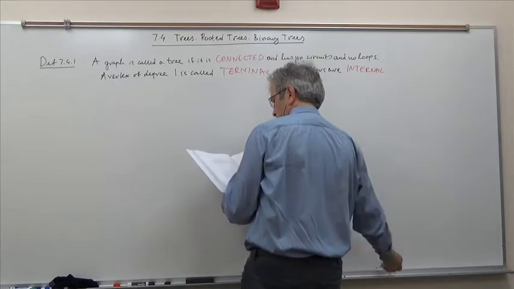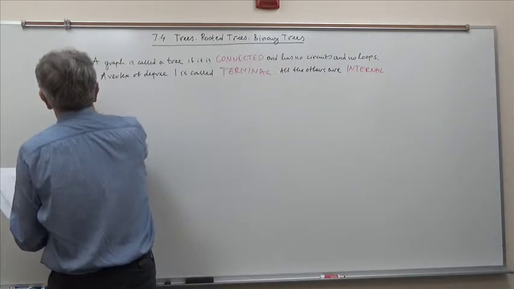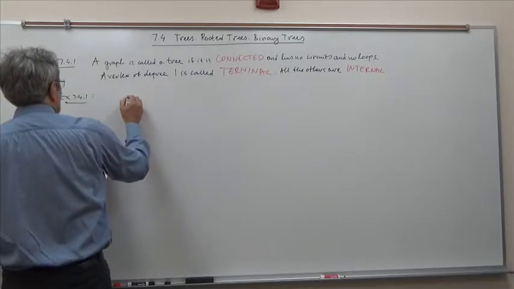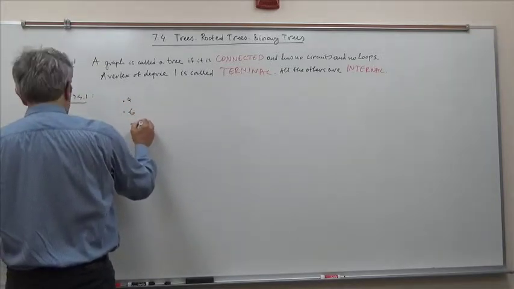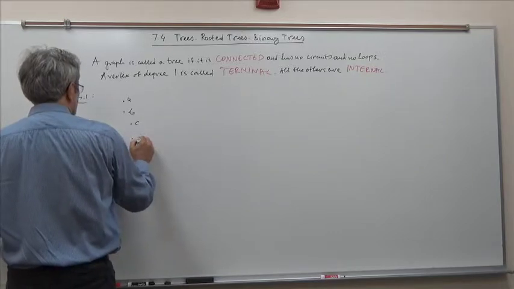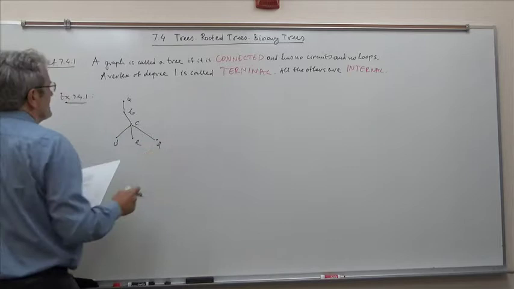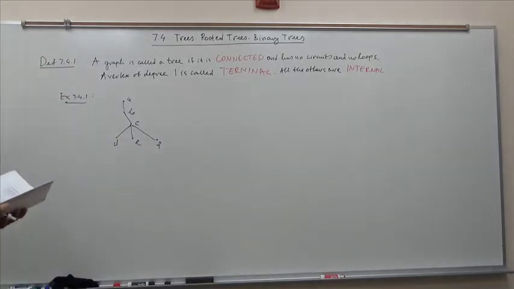Alright, so let's see a few examples. A, B, C, D, E, F, connected. This is a tree. Why?